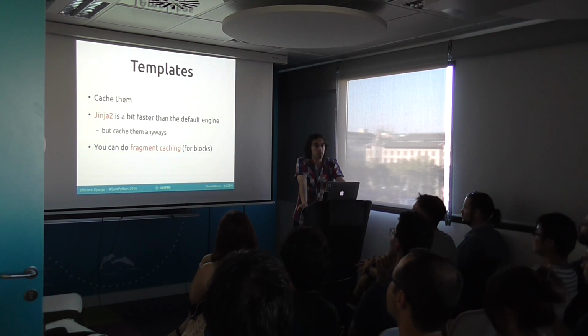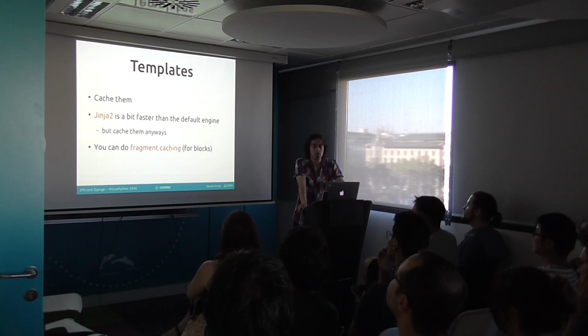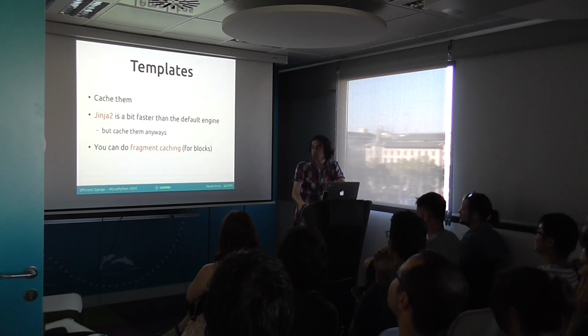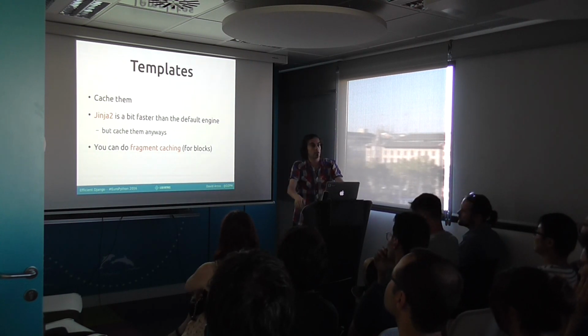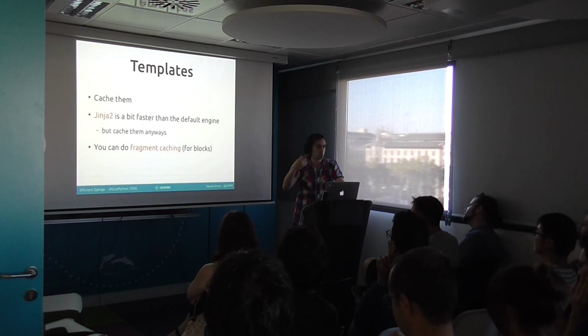It's a bit faster, but anyways, you have to cache it. Okay, because even if it's faster, the main difference is from caching the templates. Also, in most of the use cases, you won't cache the full template. You will go piece by piece. So in Django, there is a thing called fragment caching, and there you can go fragment by fragment, section by section. The things that won't change, you can set different policies than the dynamic parts. Okay.